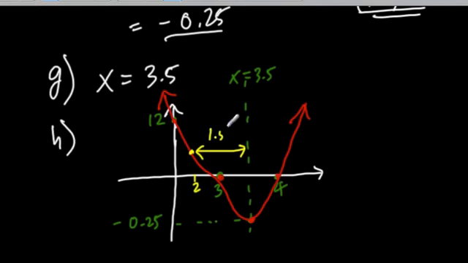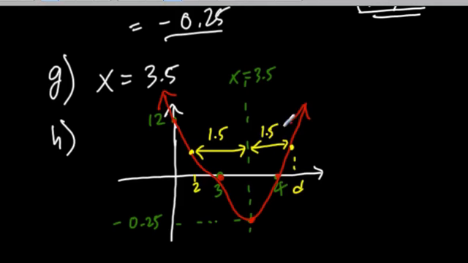Well, it's 1.5. And the other corresponding output, this is where D is, will also be 1.5 away. So what's the distance from 3.5, which is right here, and 1.5 away? Well, that has to be 5, because 3.5 plus 1.5 is equal to 5.